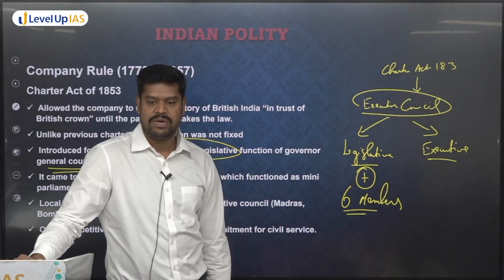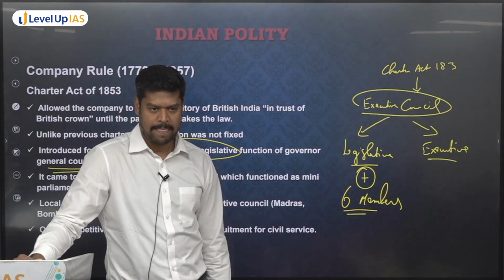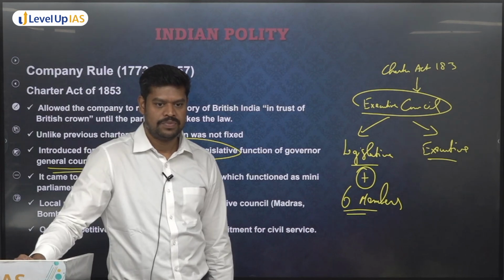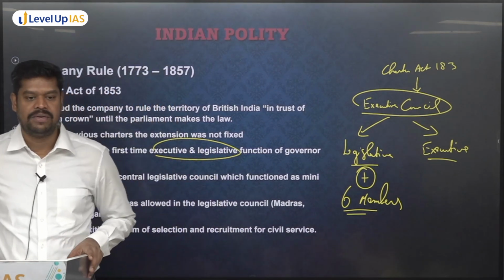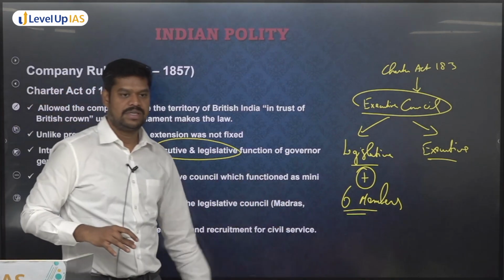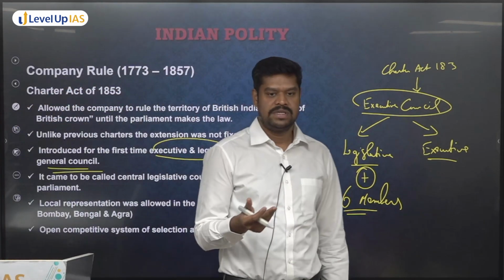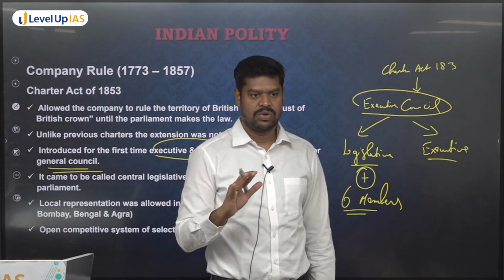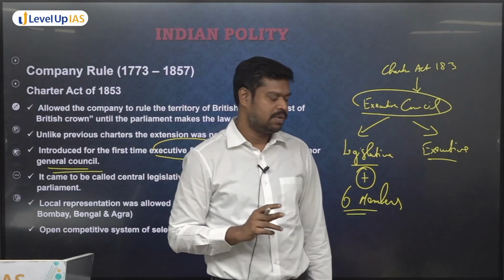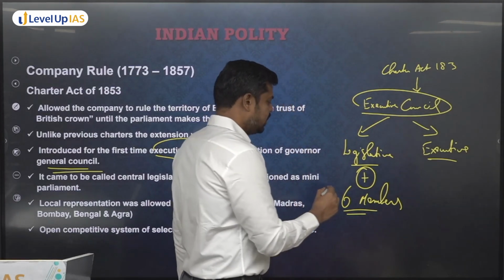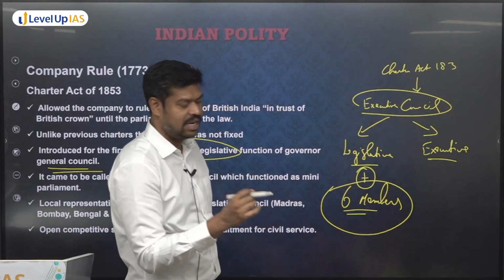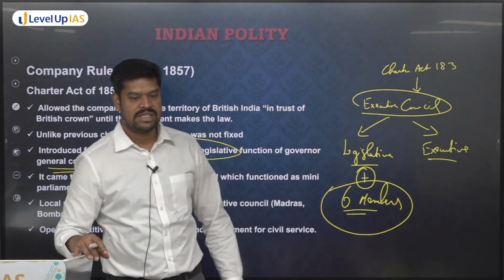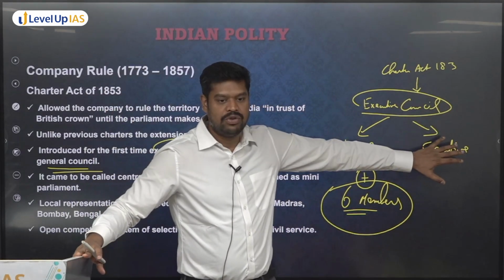Now, why do you think that there were representatives from the provinces? Anyway, the legislative powers of the provinces had already been taken away. So therefore, there were some representatives. It is not only representatives from the provinces, certain other members are also there. But you have to remember one thing: these 6 members, who were part of the legislative functions, were strictly not part of the executive functions.